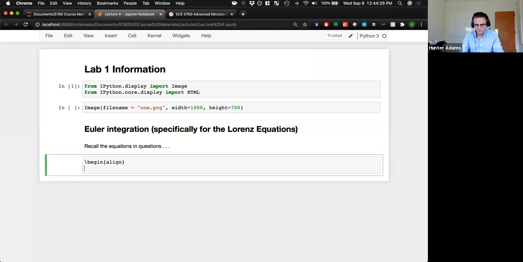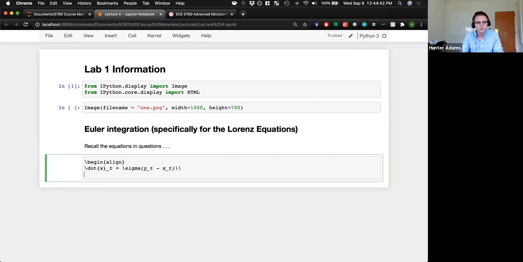So we have x dot, which is a function of time. I'll use subscript t just to make it a little more readable, equals the parameter sigma times y minus x. y dot equals x times the parameter rho minus z, minus y.